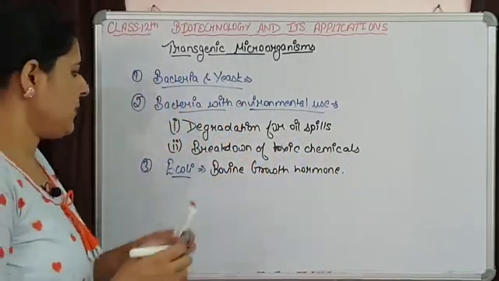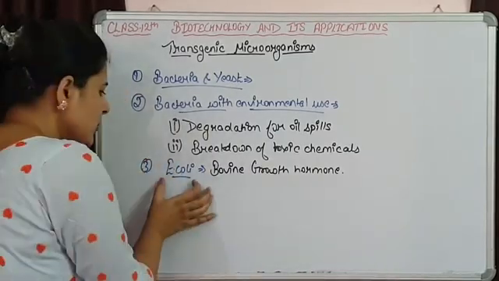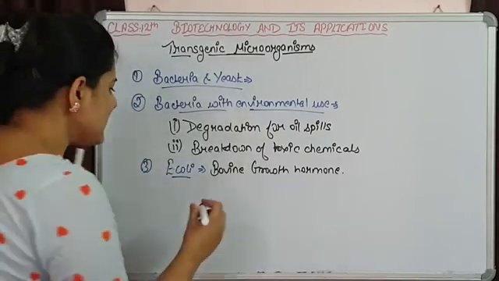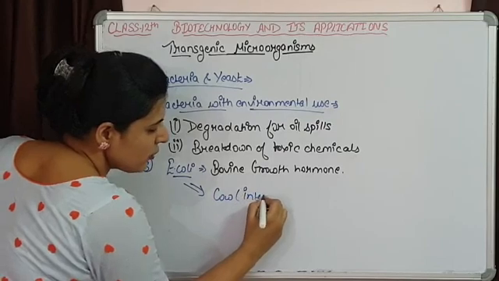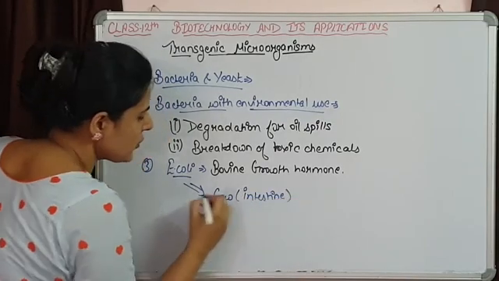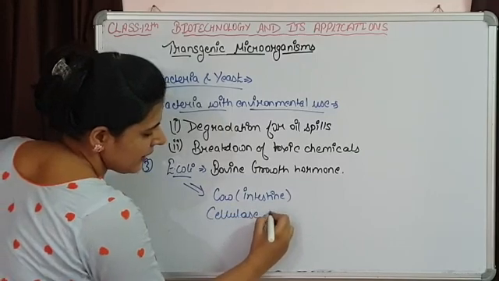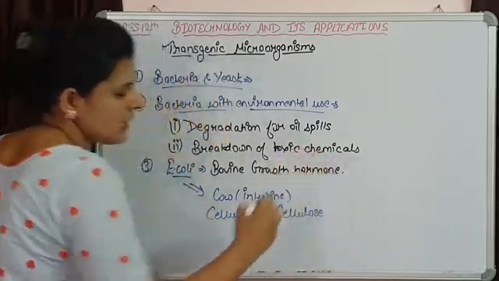And because it has a bovine growth hormone, when it is present in the digestive tract of the cow, this E. coli is going to be responsible for the production of cellulase, and we know cellulase is responsible for the breakdown of cellulose.